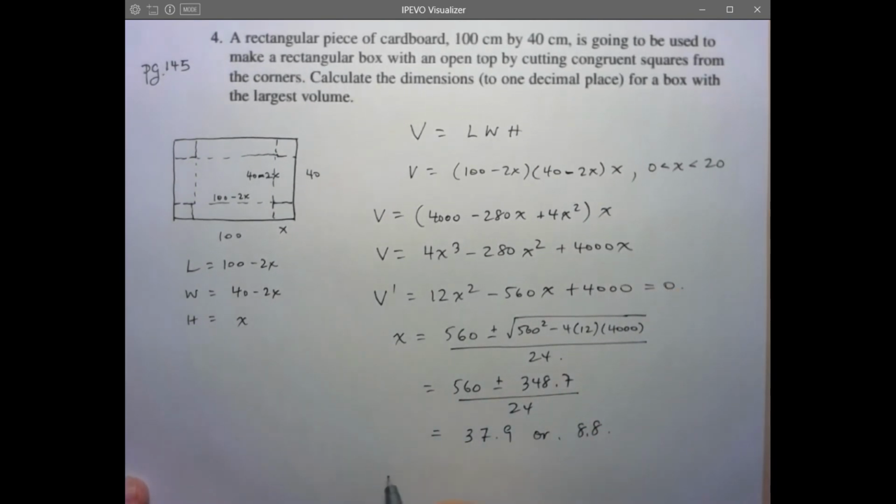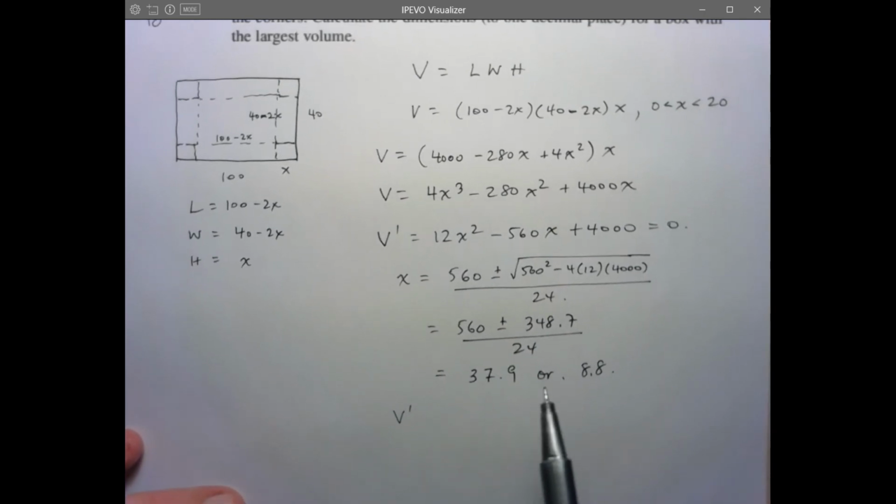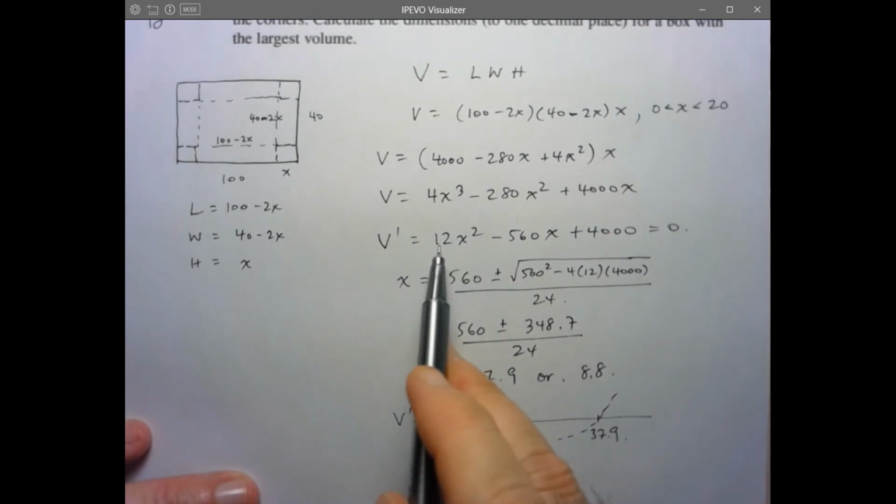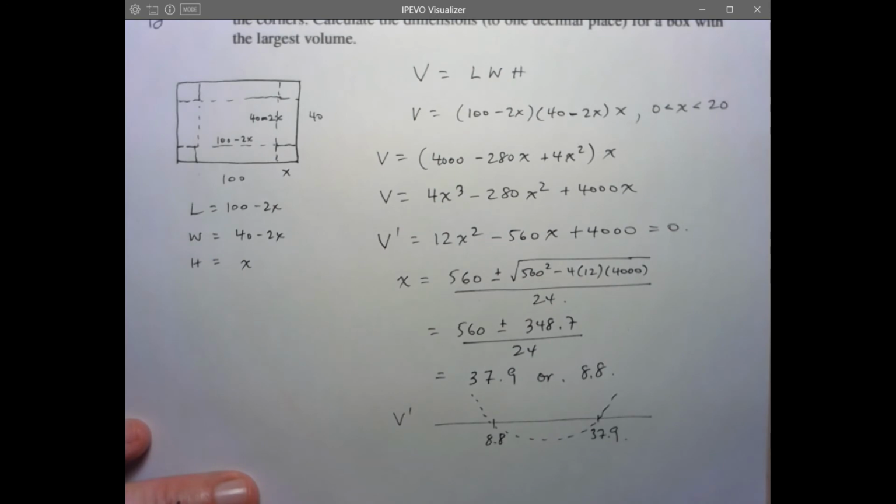All right, so let's check v prime. Normally I would just be drawing from 0 to 20, but what I notice is that my derivative is a quadratic, and I want to determine when that's equal to 0. So I'm going to use my knowledge of sketching polynomial functions. Here I've got 8.8 and I've got 37.9, and I know that my parabola opens upward because it's a positive leading coefficient.